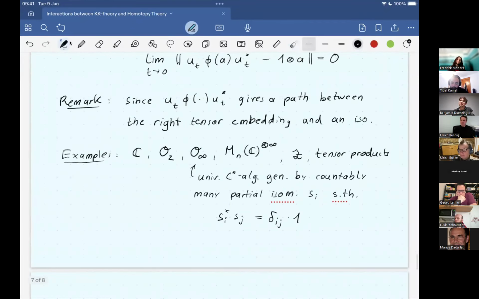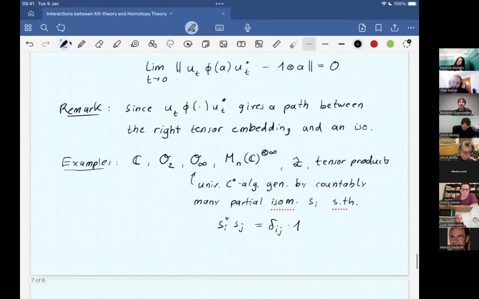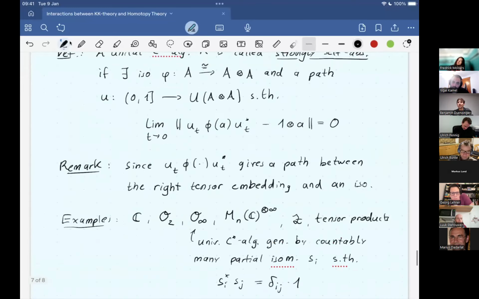So we have another question, namely, an idempotent has an additional structure, namely a multiplication. So is there also an additional structure in this C star setting? Yes, there is, and that's the next point.